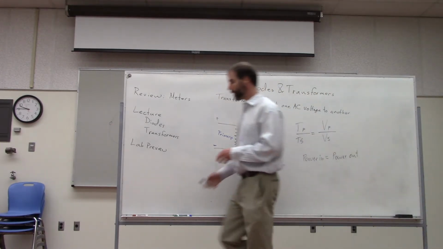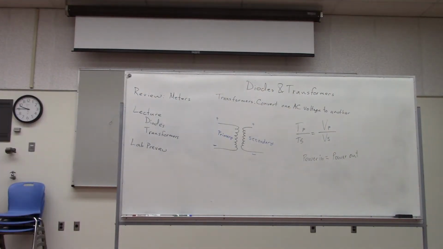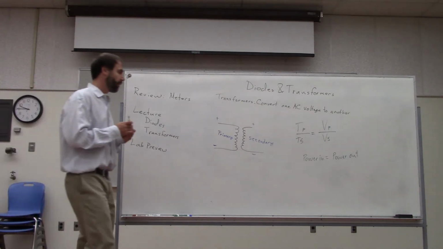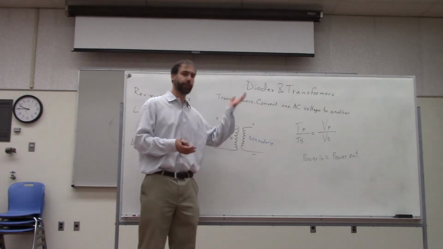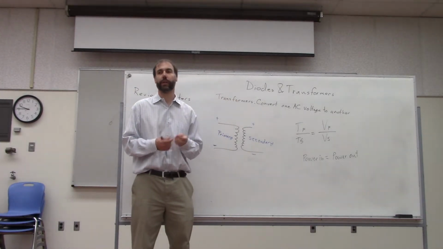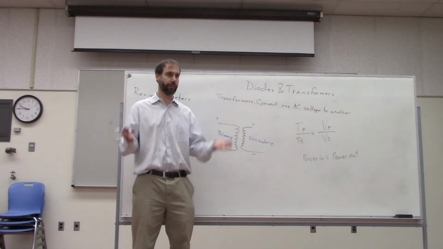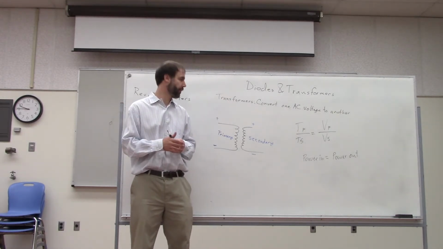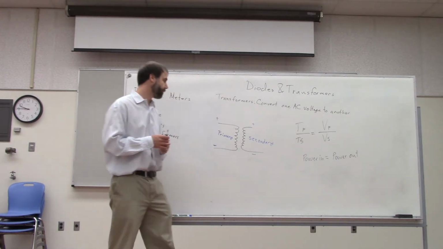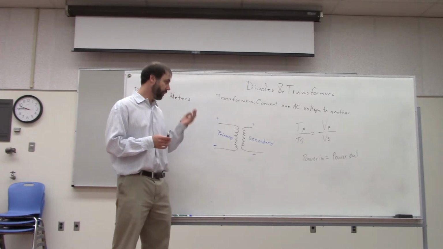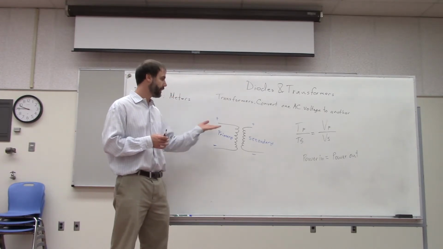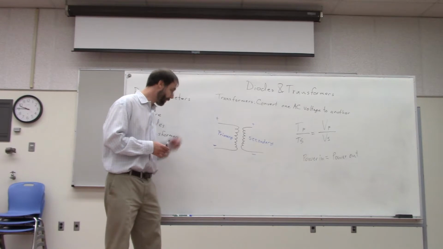You guys remember Watt's law, right? Power is current times voltage. So if the voltage goes up, the current goes down. It's kind of like a seesaw: if you get more of one, you get less of the other. That is basically what's going on with transformers.